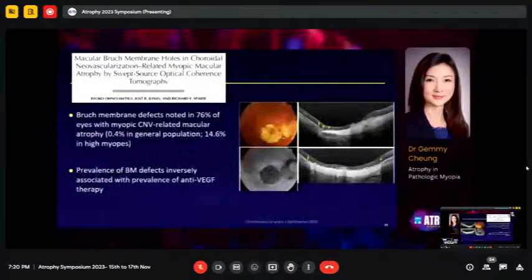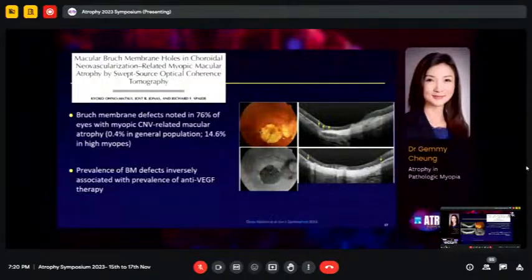However, there are additional theories in terms of the development of atrophy in the setting of pathological myopia, which is very different from geographic atrophy. In particular, we know that myopia is a very mechanical condition. There is axial elongation. The tissues are literally being stretched, and Bruch's membrane splits when it comes to lacquer crack.